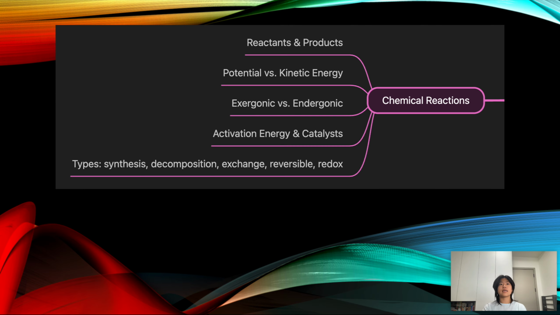And then lastly, we look at some of the types of chemical reactions. First, we have synthesis, in which different atoms or molecules come together to form a new molecule, which is, for example, what we talked about in water formation. Hydrogen plus oxygen gives us water. And then we have decomposition reactions, which is breaking down.